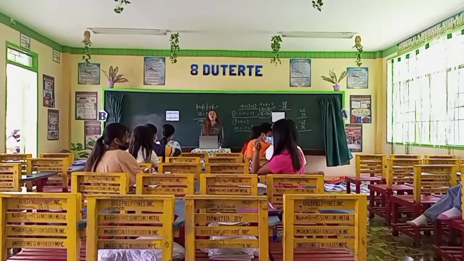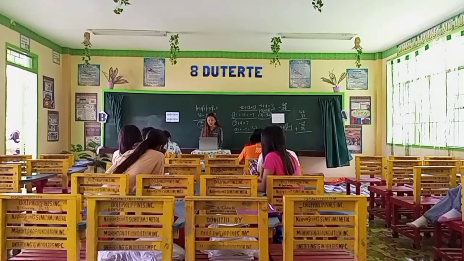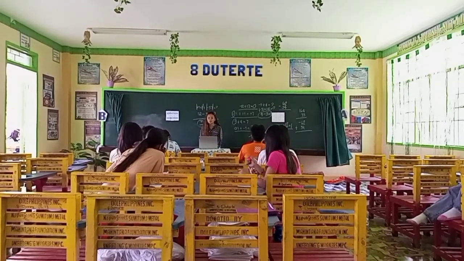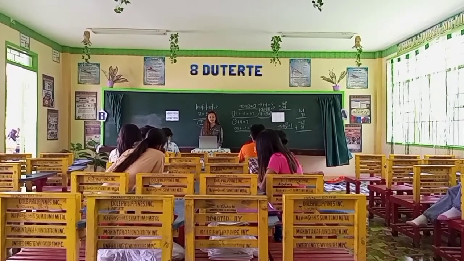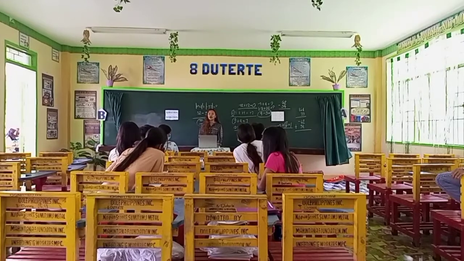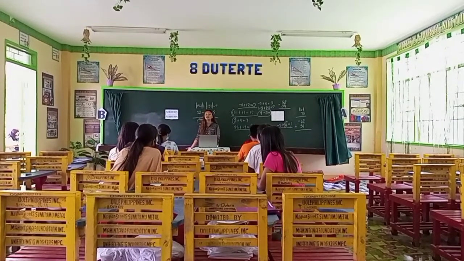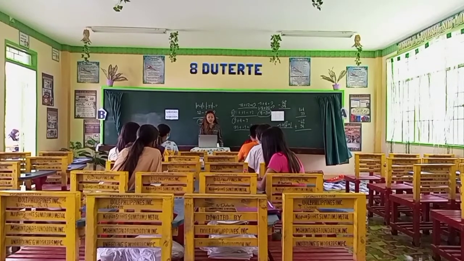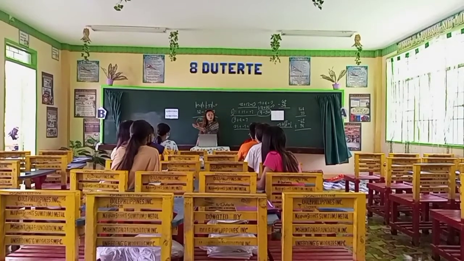Number 4. The sum of any integer and its opposite is equal to what? Again, kapag inadd natin yung kahit anong integer sa kanyang opposite, ano ang sagot? Letter A, 2. Letter B, 0. Letter C, 1.